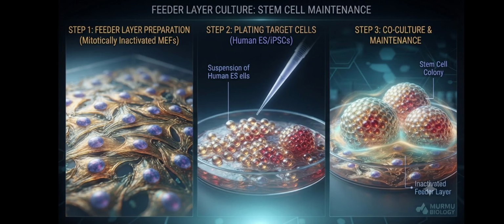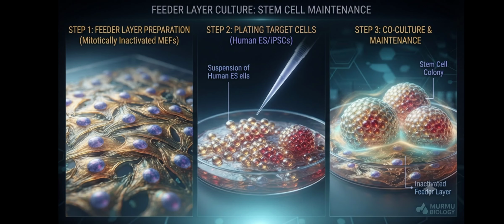And the fourth option is feeder layer culture. In this option, the stem cell, as you can see, feeds upon a feeder layer cell, isn't it? So a bed is prepared of cells which will act as food or nutrient to the current cell.